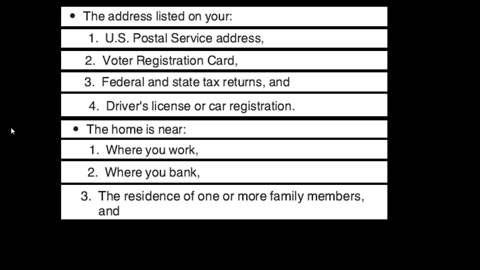And you can imagine in the circumstance of an audit, we could say, hey, look, it's our principal residence. It's right where I work. That's why I spend time here. I might have my mail going somewhere else, possibly, if some of these items don't line up. But maybe you can make the argument that the mail's going there for some reason. And we actually are here most of the time because that's where we work, that's where we bank, and that's where it's close to the family members.